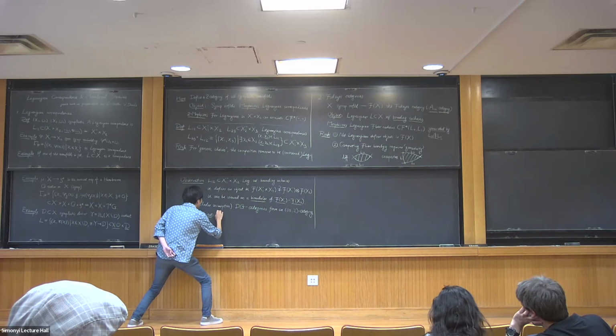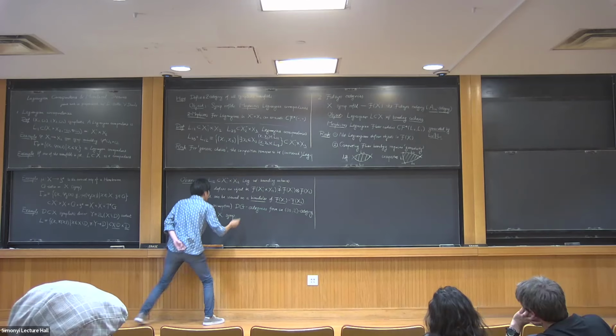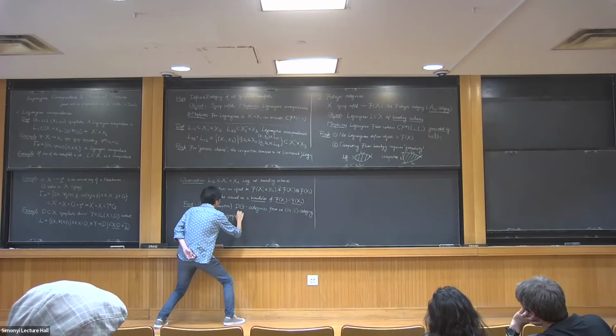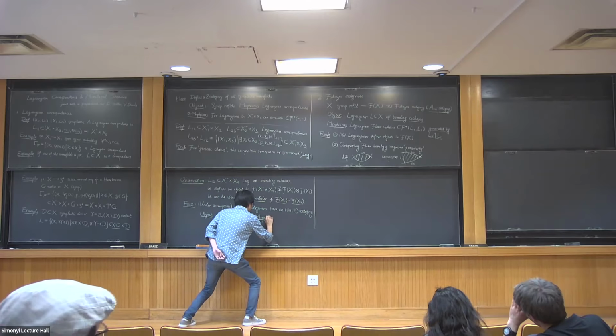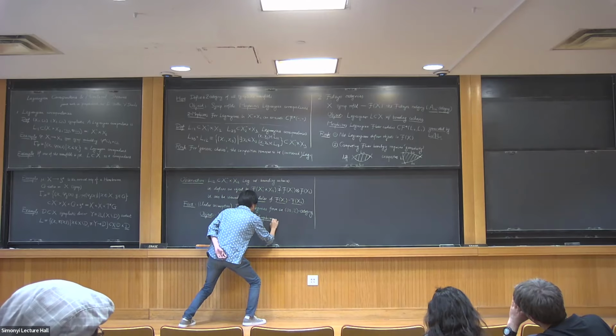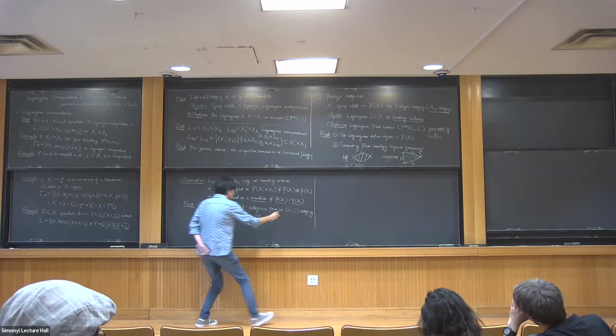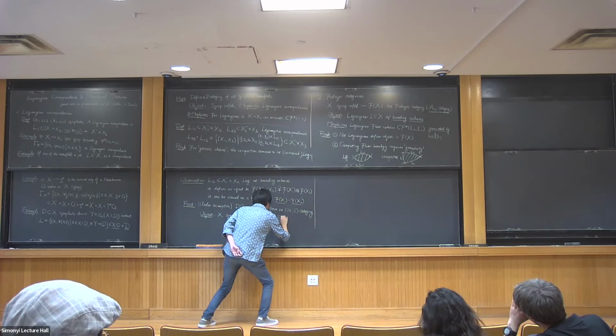so the objects are, say, symplectic manifolds, or say the objects are their Fukaya categories, and the morphisms will be the bimodules between them.